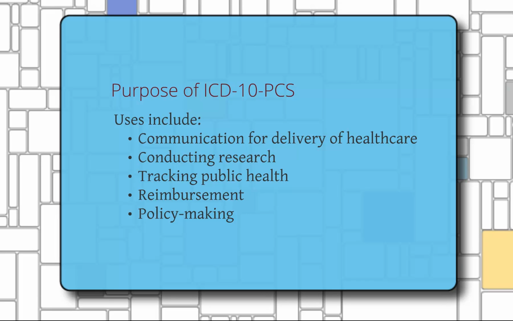As is the case with the ICD-9-CM procedure codes, ICD-10-PCS will be used for a number of purposes, including communication for delivery of healthcare, conducting research, tracking public health, reimbursement, and policy making. As indicated on this slide, reimbursement is not the only purpose of ICD-10-PCS, or ICD-9-CM for that matter.